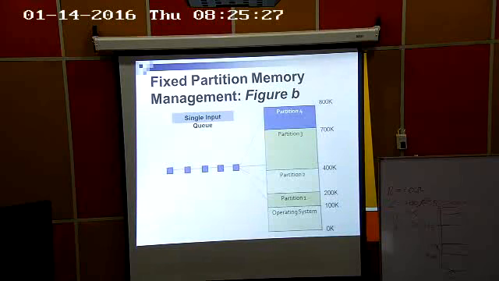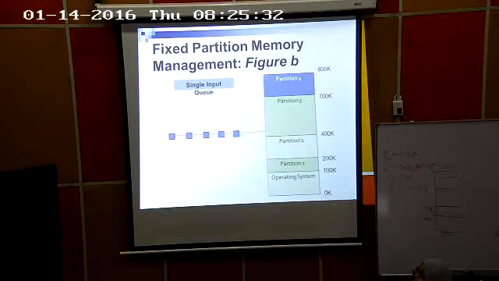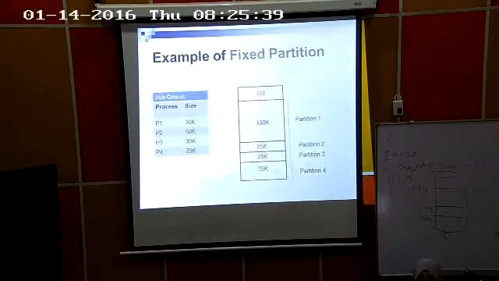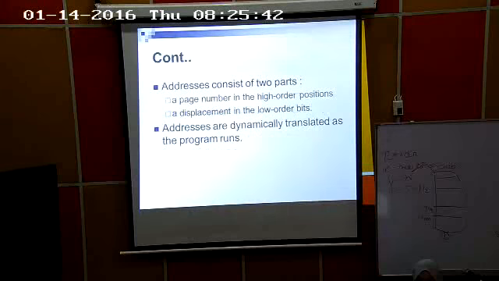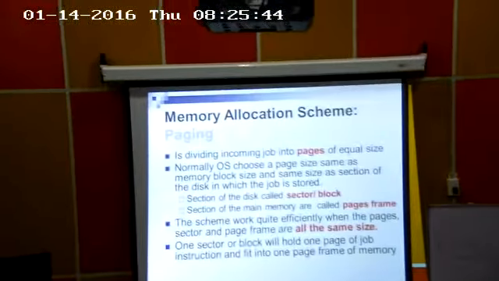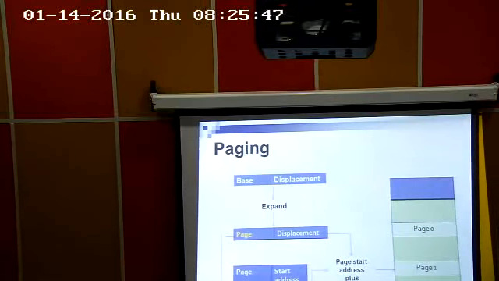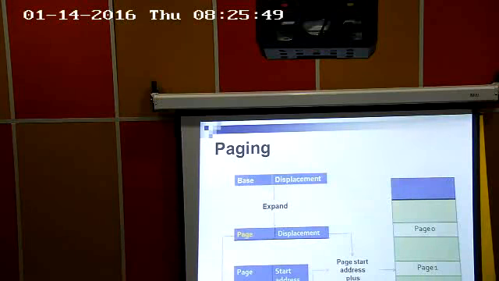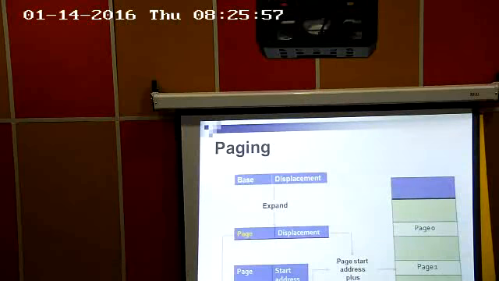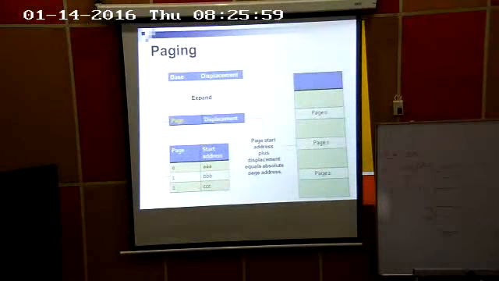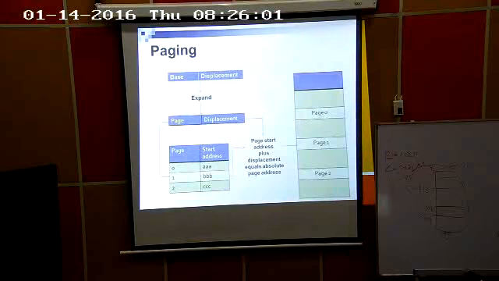It is divided into modules or tasks. Okay, the task can be either in paging or segments. Okay, job 1, job 2.